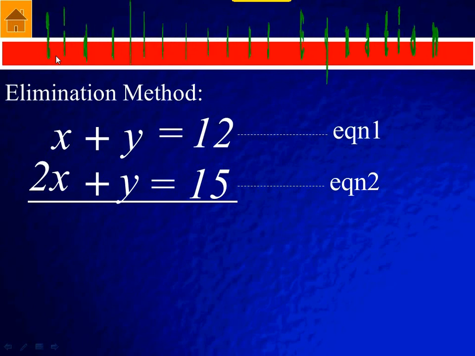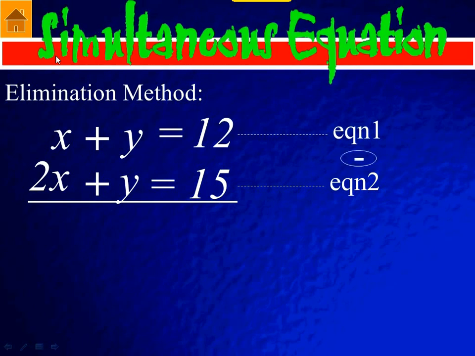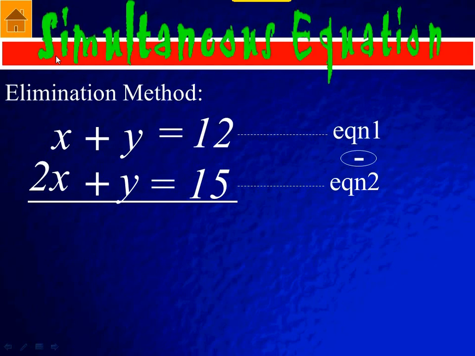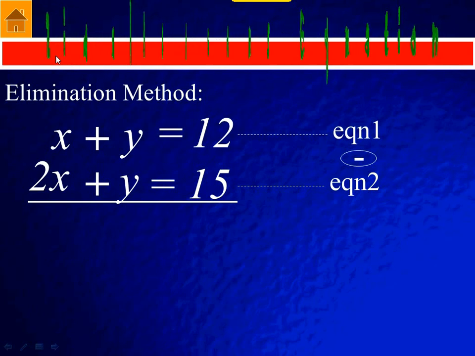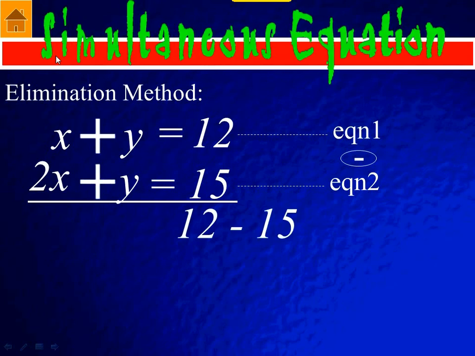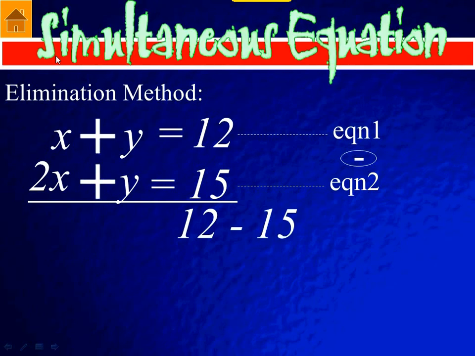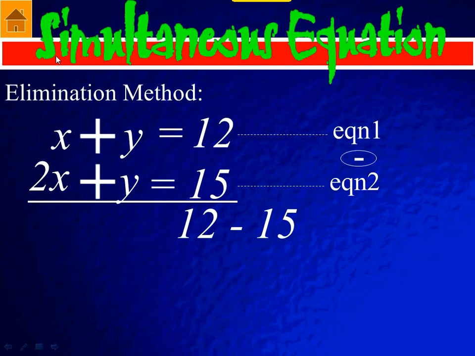So now the signs are the same. If the signs are the same, we are told that we should subtract, and so we are going to subtract equation 2 from equation 1. Identifying that the signs are the same, it's going to be 12 subtract 15, which is what we get here.